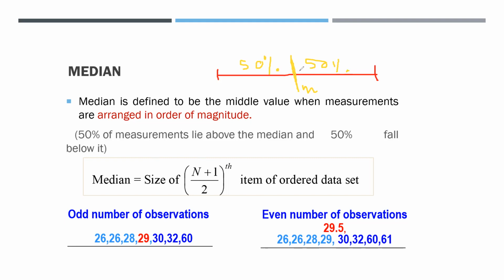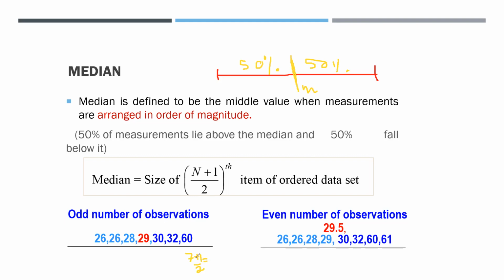So if you want to calculate the median, you have to arrange your data set according to a certain order. Now here, look at this example. Now you can see there are 1, 2, 3, 4, 5, 6, here there are 7 observations, right? Now, if you want to calculate the median, you have to add 7 plus 1 over 2.